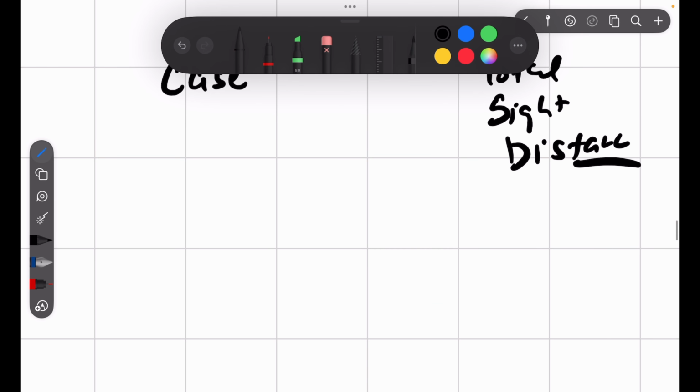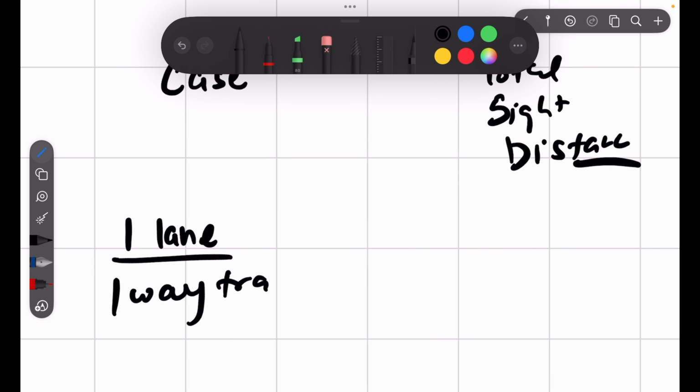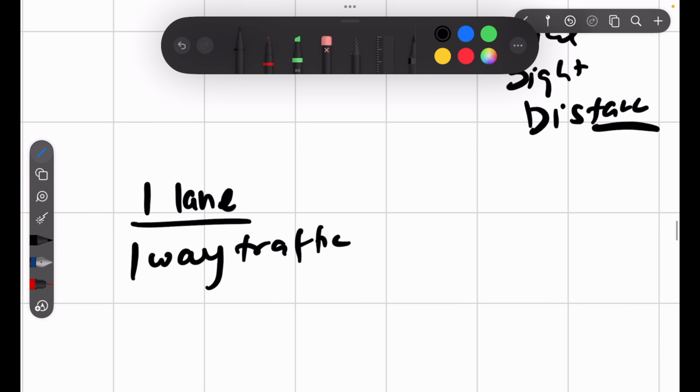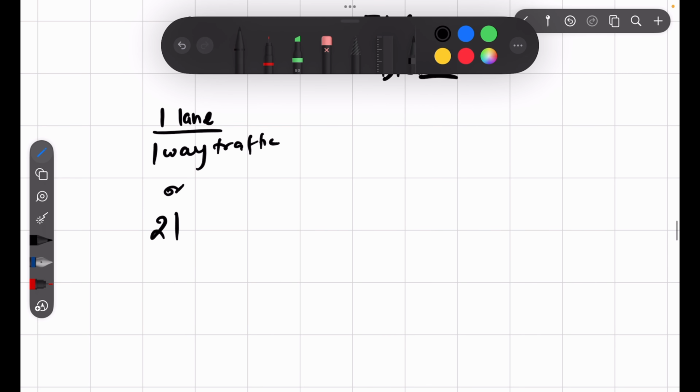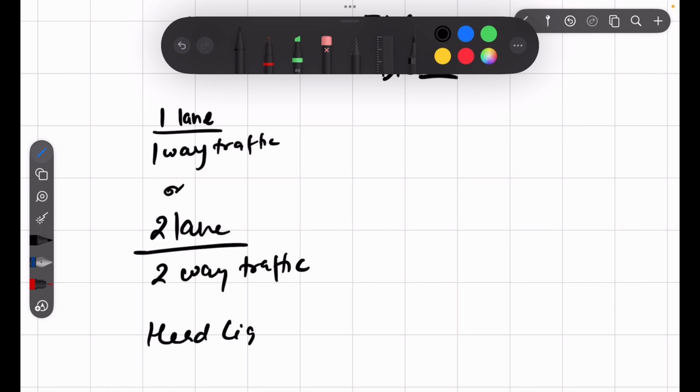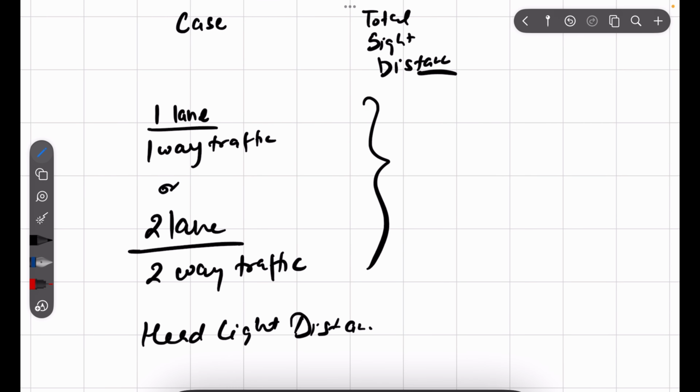In case we have one lane one-way traffic, or two lane two-way traffic, or we are taking headlight sight distance, in all the cases the total sight distance is nothing but the stopping sight distance that we are finding, right?